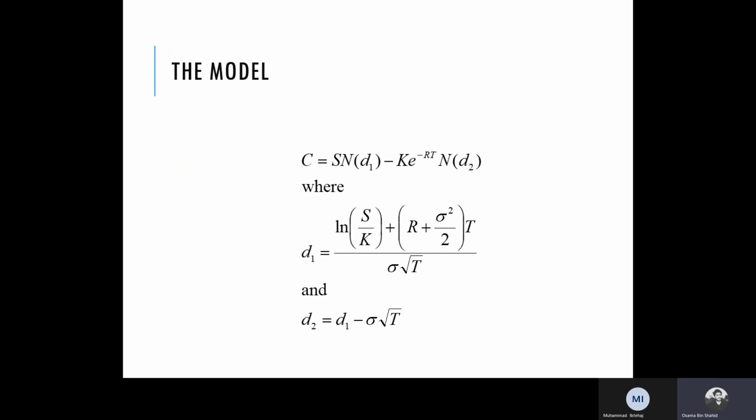The formula is S N(d1) minus K e^(-rT) N(d2), where d1 is the natural log of S divided by K, plus r plus sigma squared divided by 2, times T, and the whole divided by sigma times the square root of T. d2 has a similar formula, but to make it easy, we just do d1 minus sigma times the square root of T.